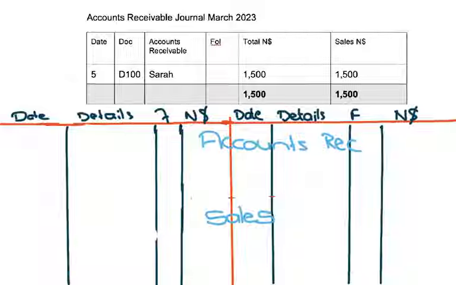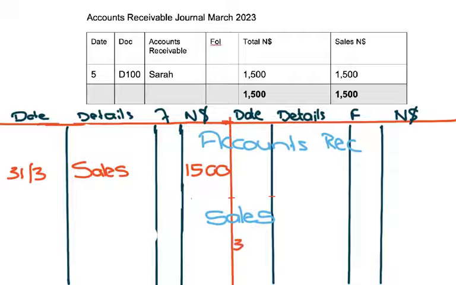So on the debit side, remember, on the last day of the month, we are working in March, so we have 31 days. My details will be sales, and my amount is then 1,500. Let's say I had two transactions, then I will only post the total and not the individual transactions.